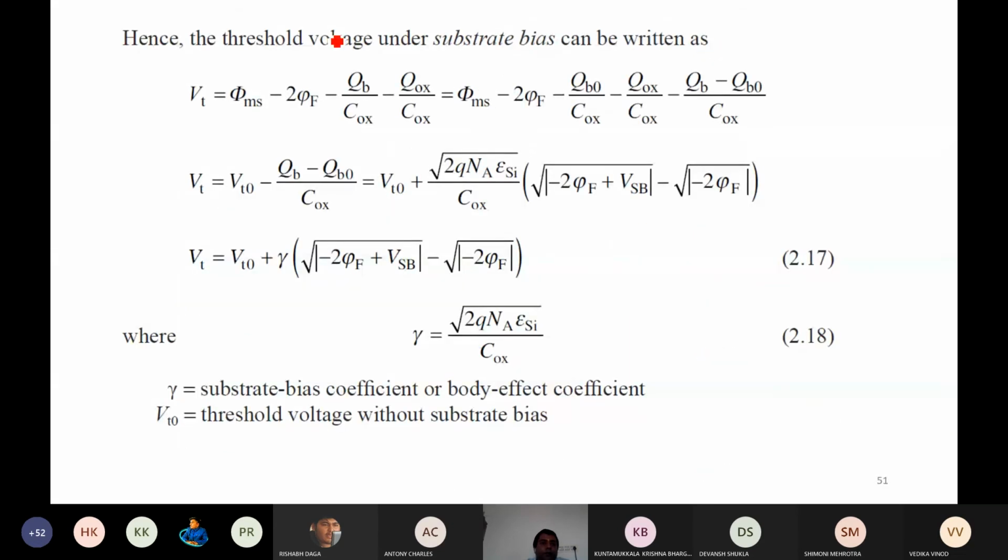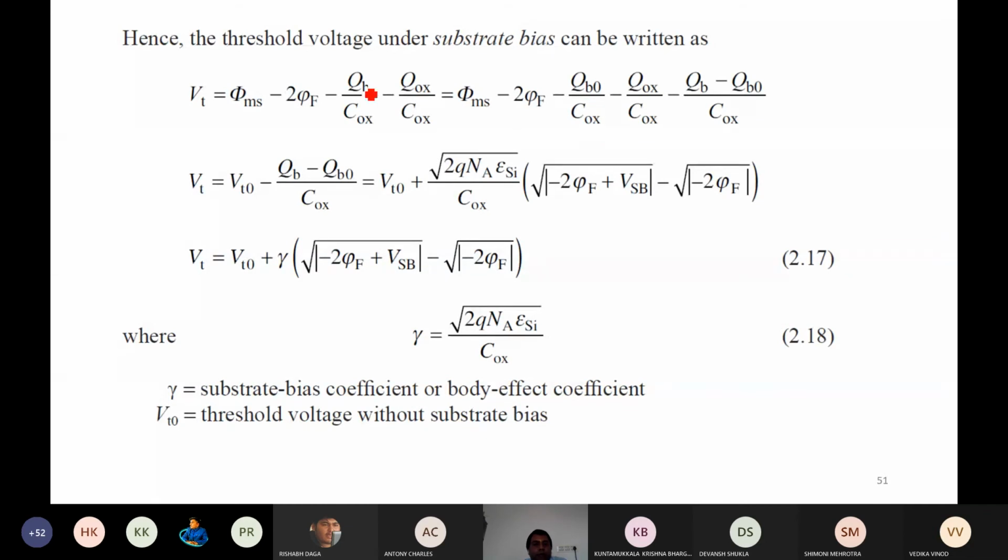From the previous equation, we are able to calculate that VT is equal to phi ms minus 2 phi f minus QB by COX minus QOX by COX. By rearranging, we add one more term, minus QB0 by COX.